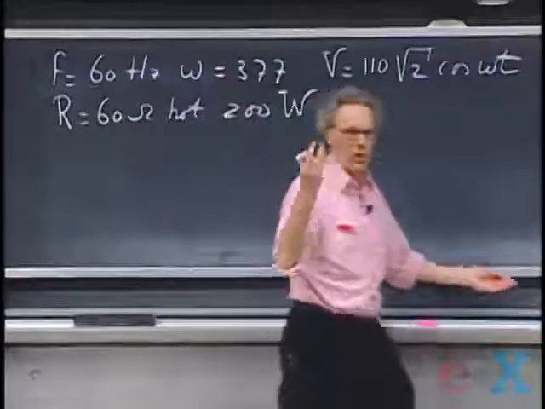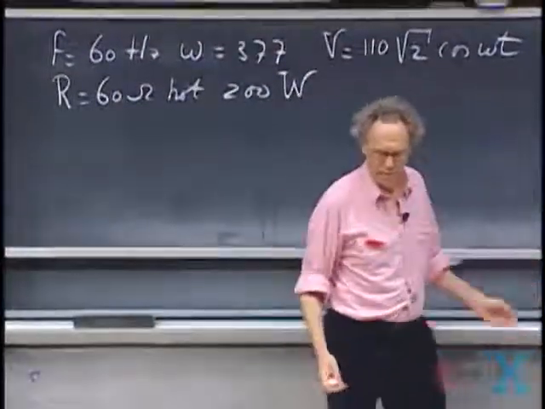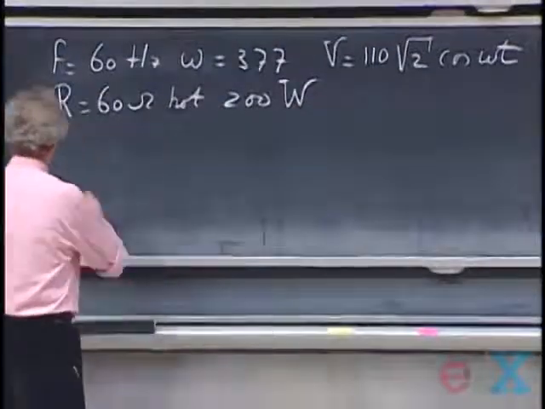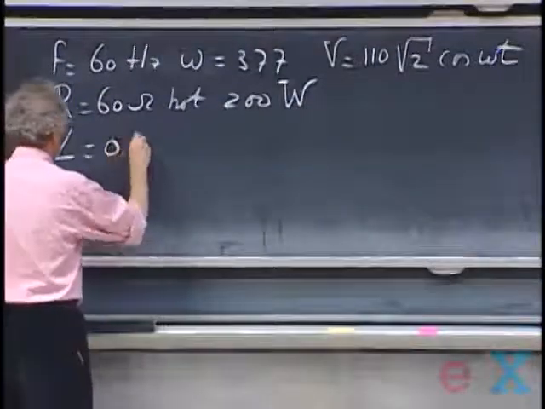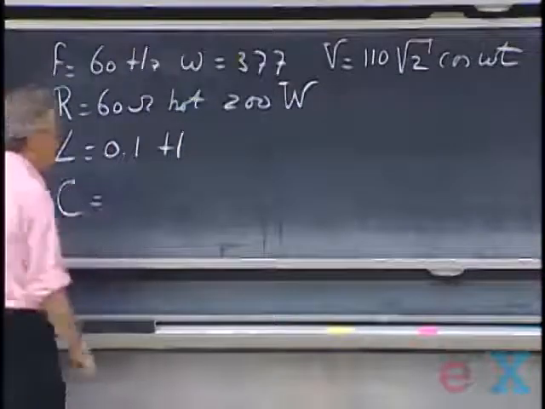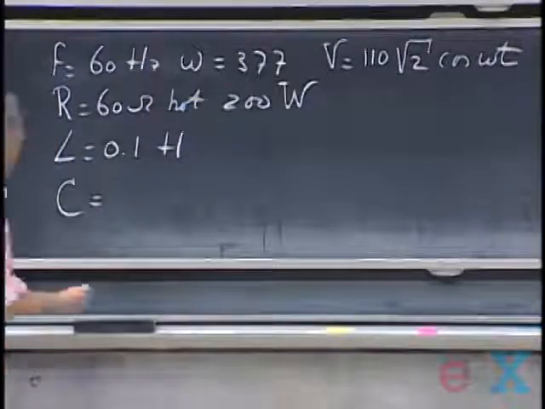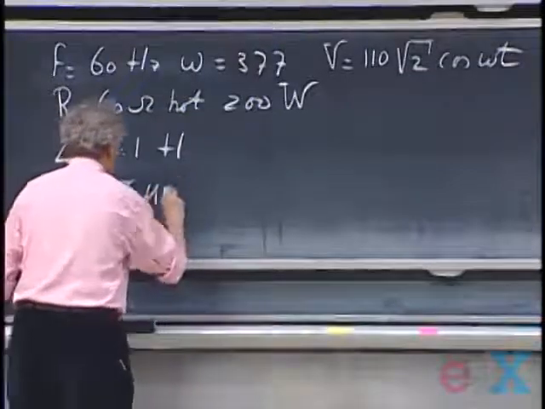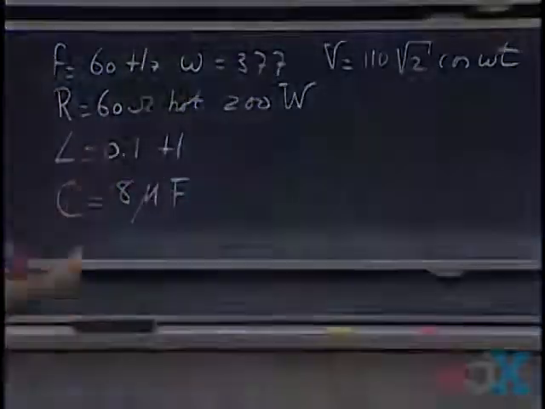So if it's bright, 200-watt bulb. The self-inductance L is 0.1 Henry, and the capacitance is 8 microfarads.